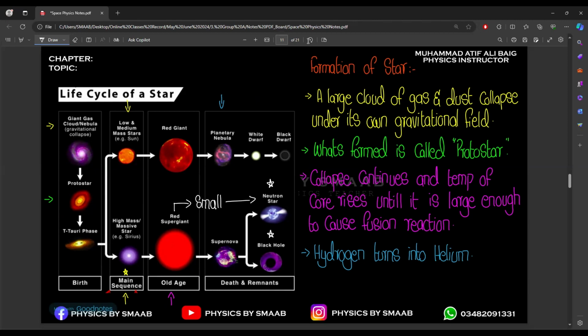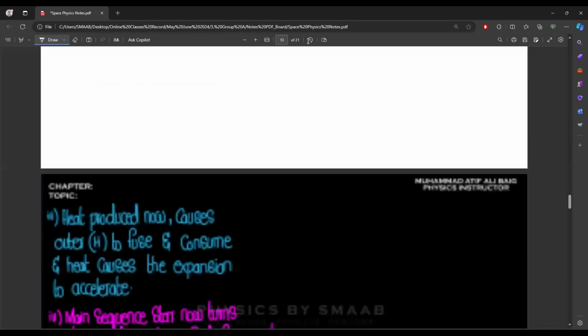And it means there is no fusion reaction in this whole process, just like the normal one. And a large amount of heat is radiated. So that's why it converts into the neutron star. And if it was large, just like again dense, it converts into the black hole.